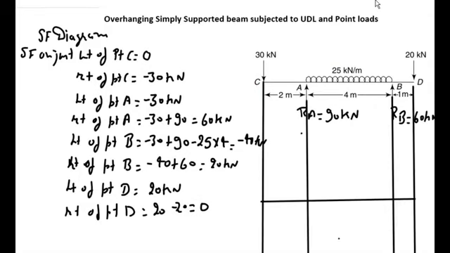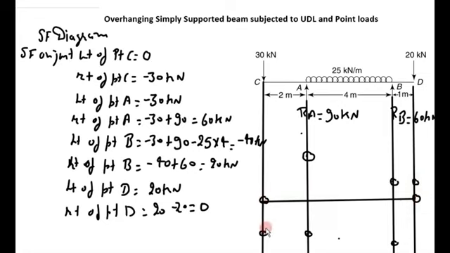First, at C the value is 0. Then C is minus 30, A is minus 30, A is 60, then B is minus 40, then B is plus 20, then D is 20 and 0.